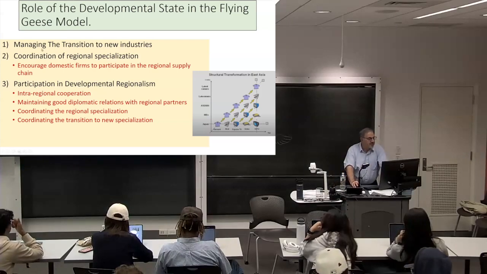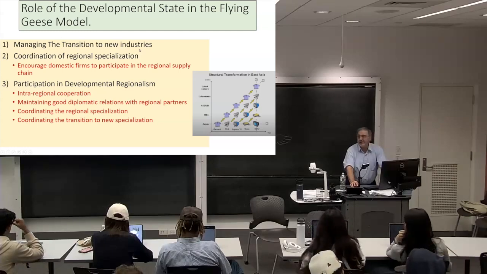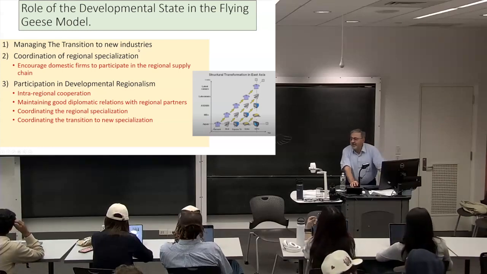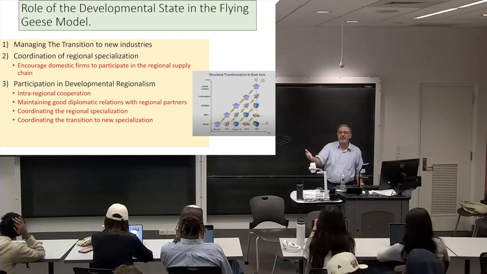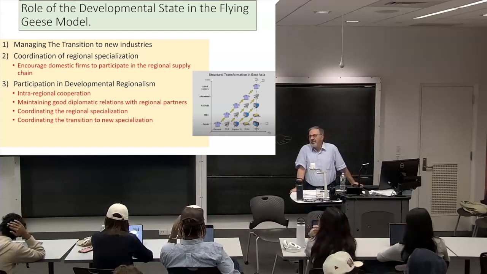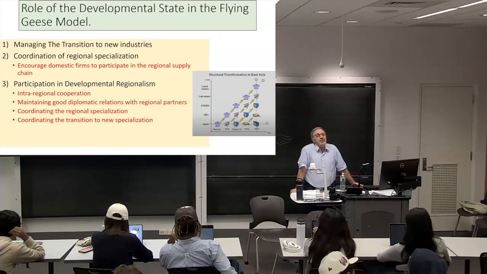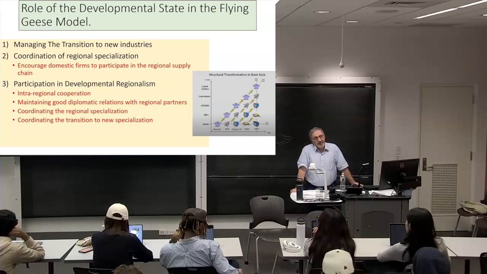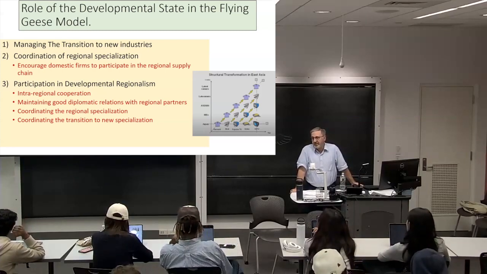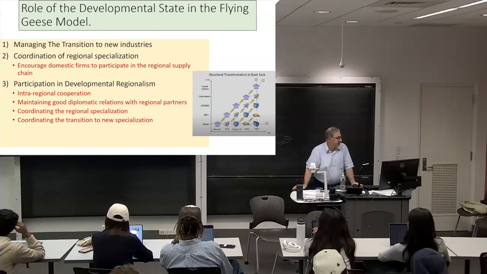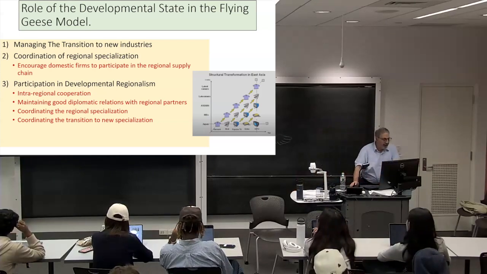So the first task is to transition to new industries, which means that the government itself must decide, and often the developmental state does that. The government asks, what are new industries that we want to invest in? And then they move in that direction. Once you decide that, you need to coordinate among the firms.